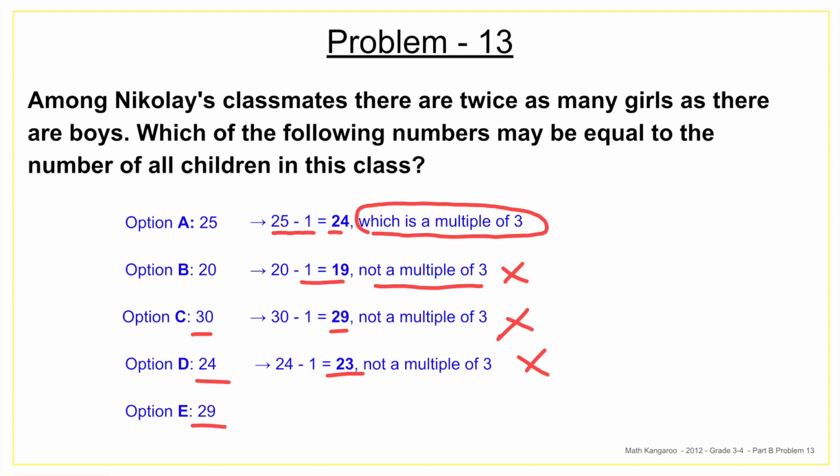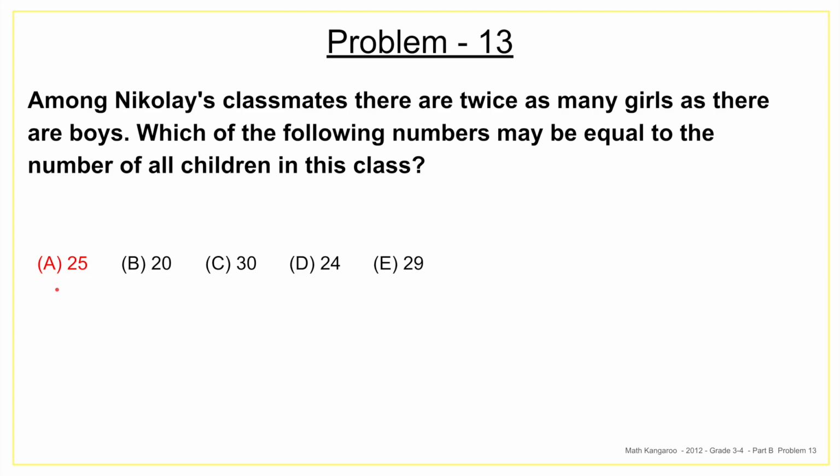Option E, 29. 29 minus 1, 28, not a multiple of 3, not an option. So our answer is option A, 25. The total students are 25, including Nikolai.